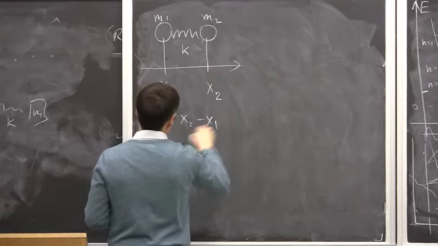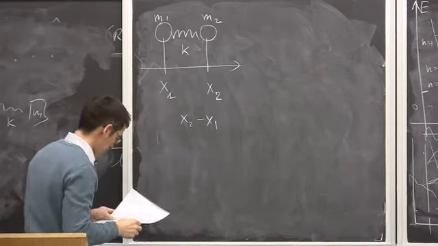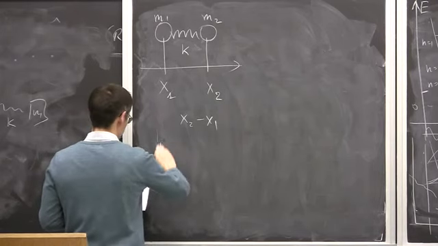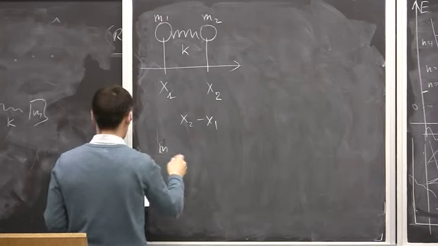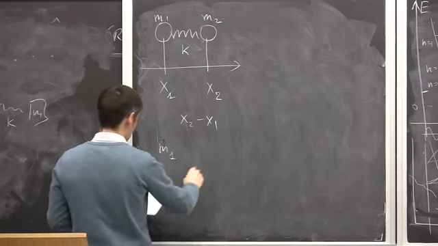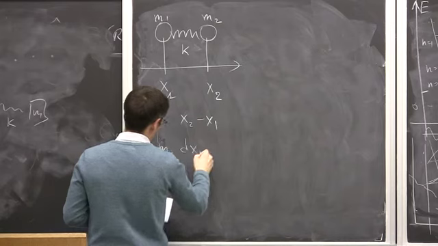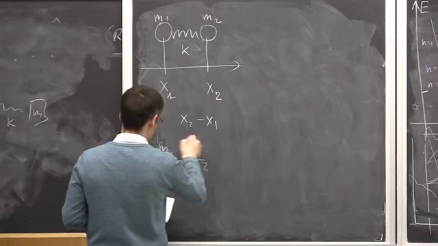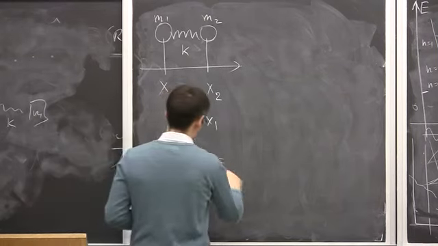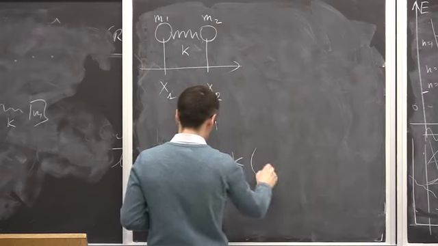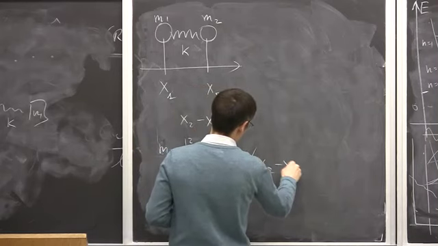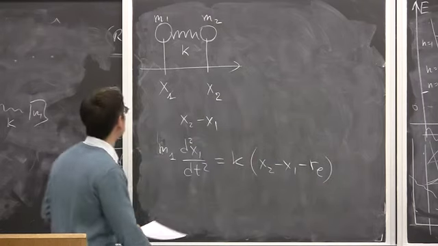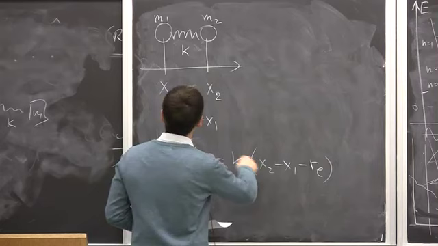The distance here is x2 minus x1, and then classical mechanics, just Newton equations, tell us that we can write the force on x1, x2 equal to a constant times x2 minus x1 minus, say, RE, which is the equilibrium.